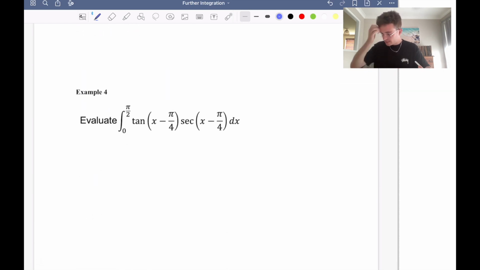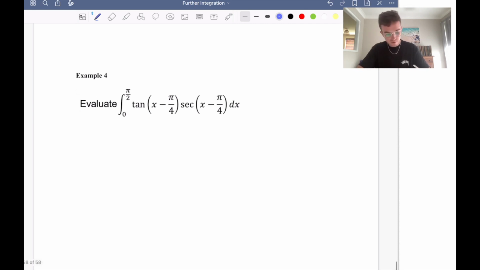Alright, last question for today is the integral from 0 to pi on 2 of tan of x minus pi on 4 sec of x minus pi on 4. Now, if we integrate tan x sec x, we will get sec x.